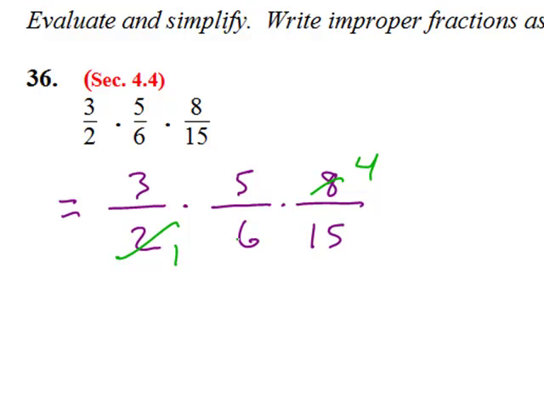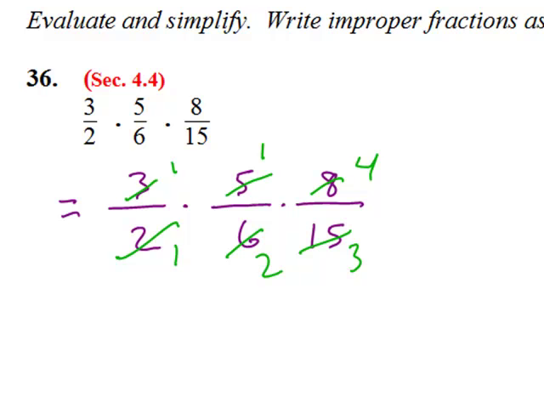Similarly, 3 and 6 have a common factor. 3 divides into 3 once and into 6 twice. 5 and 15 have a common factor of 5. So we divide 5 into 5, goes once, into 15 3 times.